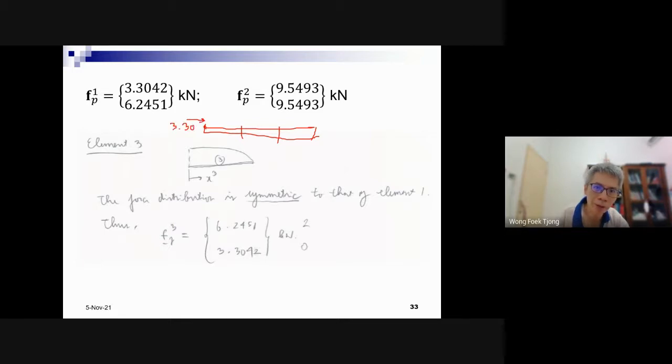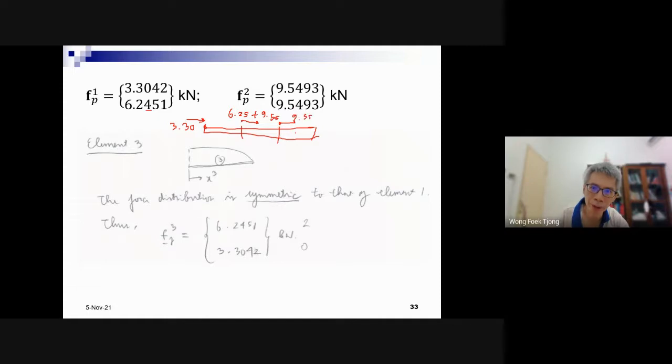This becomes this one, 6.2, let's round it to 5, plus the contribution from the second element, 9.55. How about this one? We have contribution from this element.